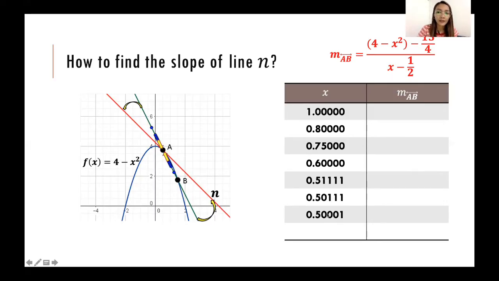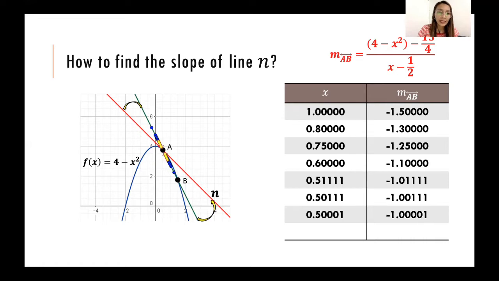Now, here are the values that we got: negative 1.5, negative 1.3, negative 1.25, negative 1.10, negative 1.1, negative 1.01, negative 1.001, and negative 1.0001. And these values of x are the values on this side.